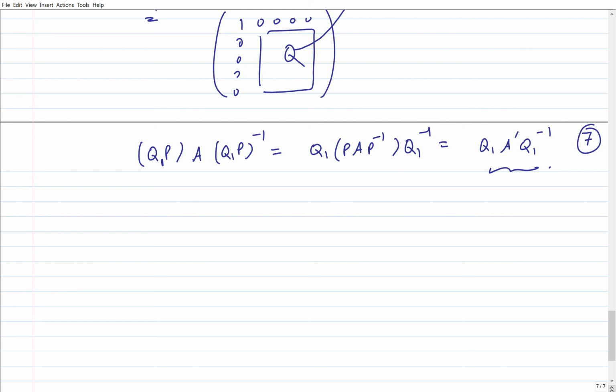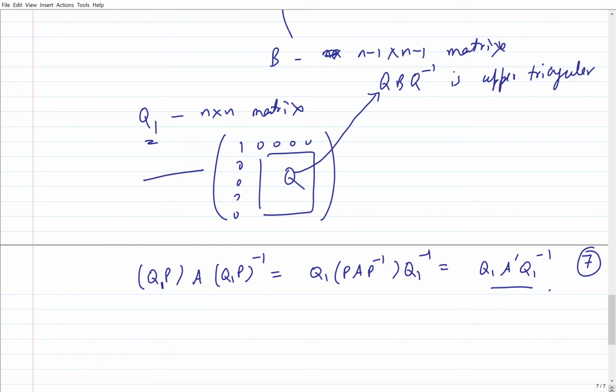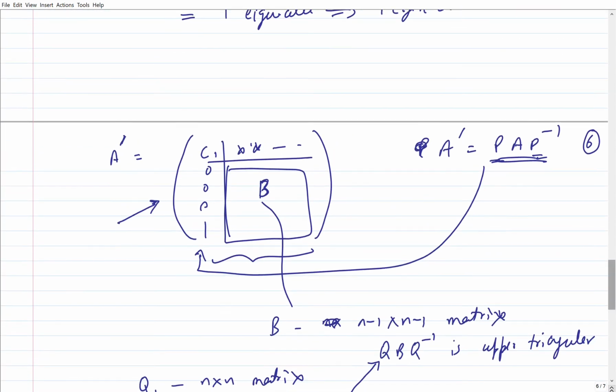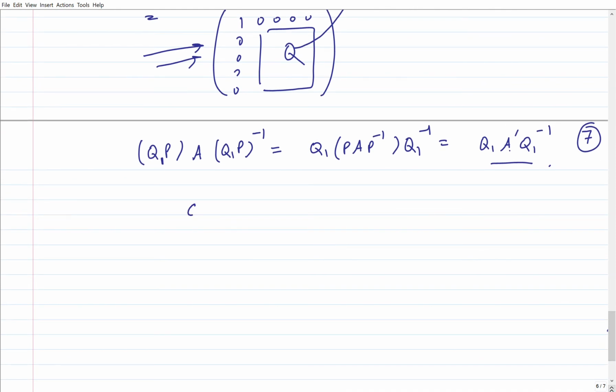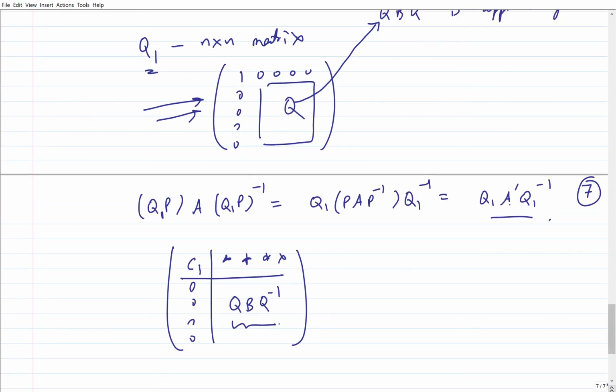So what do I get? This matrix, if Q1 is this guy, you can check it. You hit it with A prime. A prime was of this particular form, and this will have the desired form. This will have the form of C1 0 0 0 0 something, and this would be QBQ inverse, because hitting Q1 already had some Q in it.